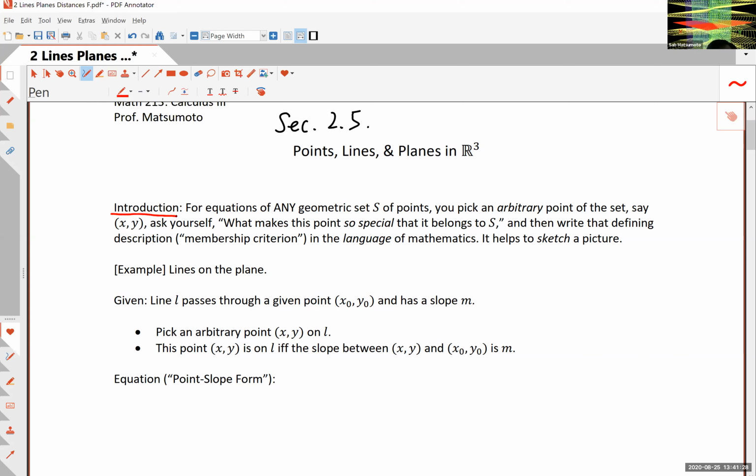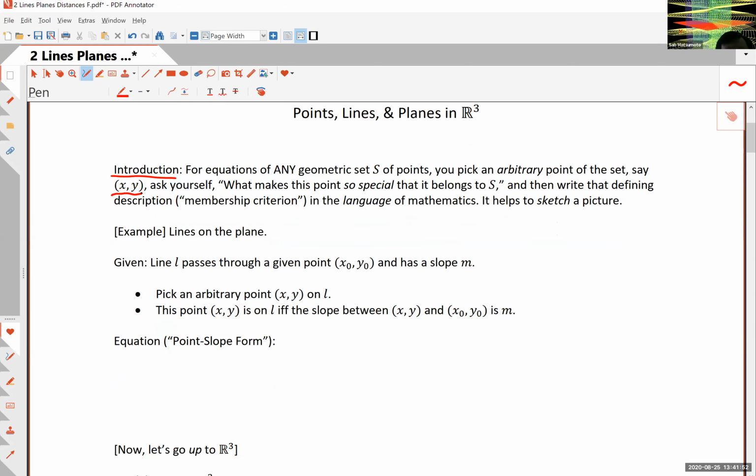All right, for equations of any geometric set S, and I have mentioned this before, basically a set in any space is a set of points. Pick an arbitrary point, okay? In order to describe, for instance, a line on the plane, you pick an arbitrary point of the set, (x, y), and then you ask yourself, what makes this point so special that it belongs to that set S?